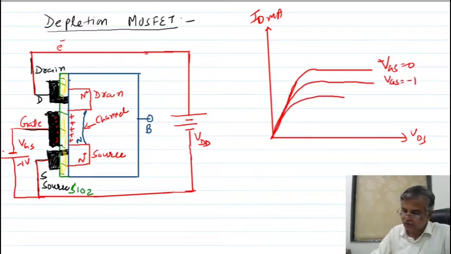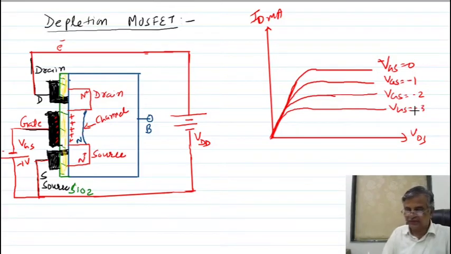As you increase your VGS negatively, the graph will be shifted down as shown in the figure. The depletion layer width increases, so the width of the conduction channel decreases.